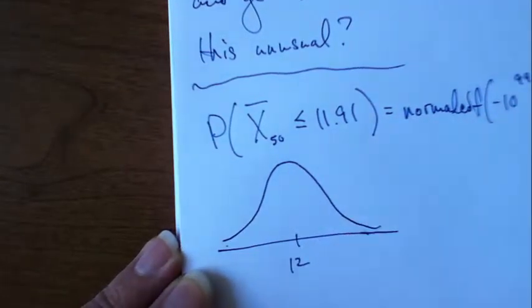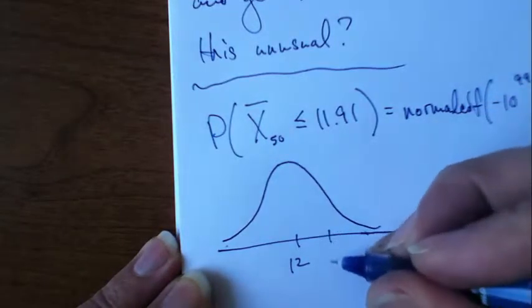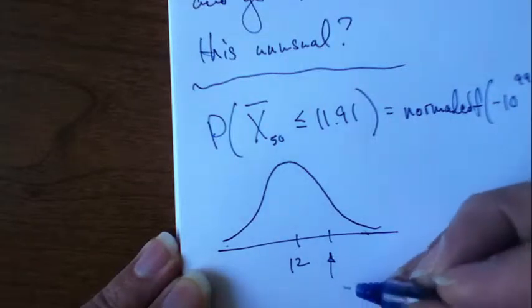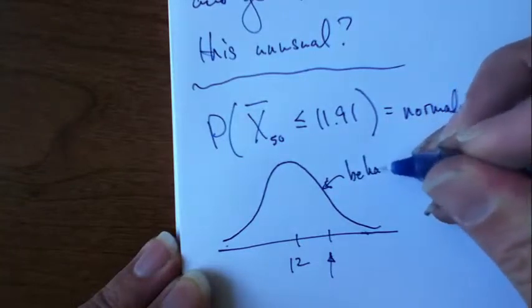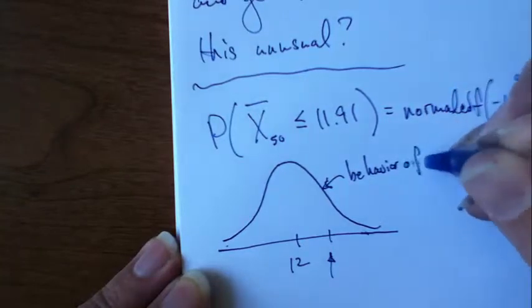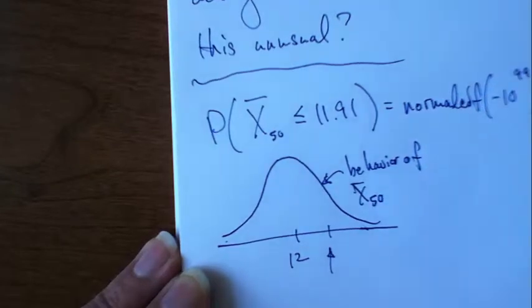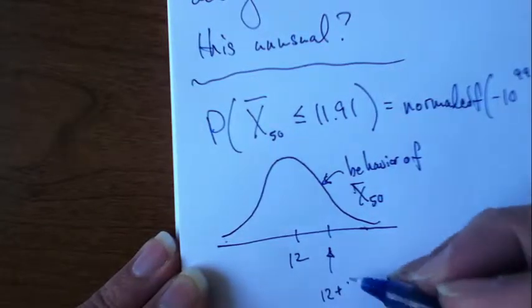The standard deviation for this, and this is what I'm drawing here, is the behavior of the sample mean for 50 trials, so this mark should be 12 ounces plus a quarter over root n, right?